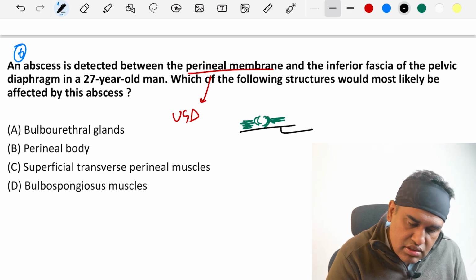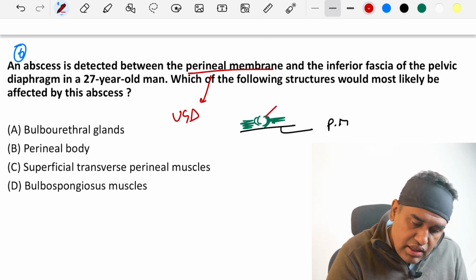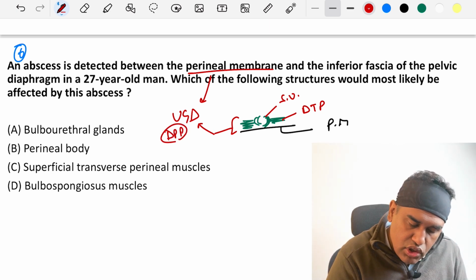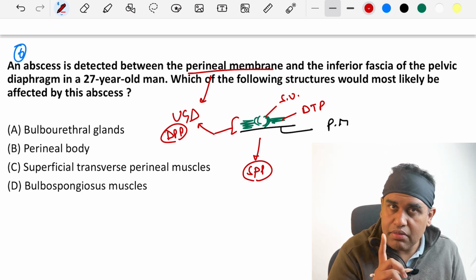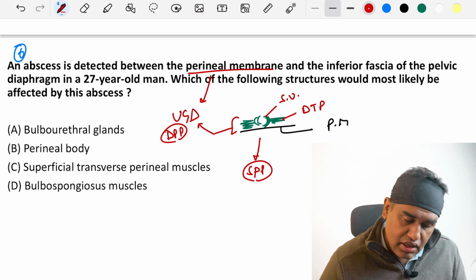The lower margin is the perineal membrane. These muscles form the urogenital diaphragm and they lie in the deep perineal pouch. Below the perineal membrane we have the superficial perineal pouch. Remember the basic anatomy of the perineum.